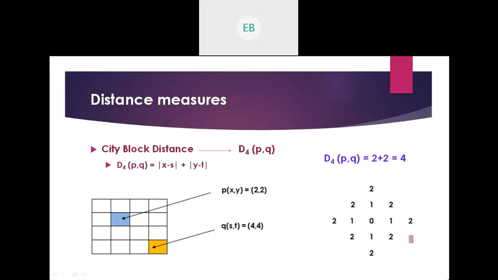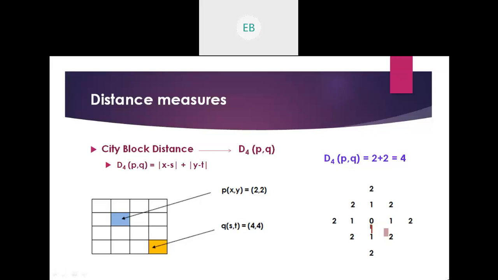What is the distance between this pixel and this pixel? 1. From this to this? Same, 1 only. From this to this? Same, 1. From here to here, 1. And from this to this? Also 1. So now you know the concept, because these are all adjacent pixels.